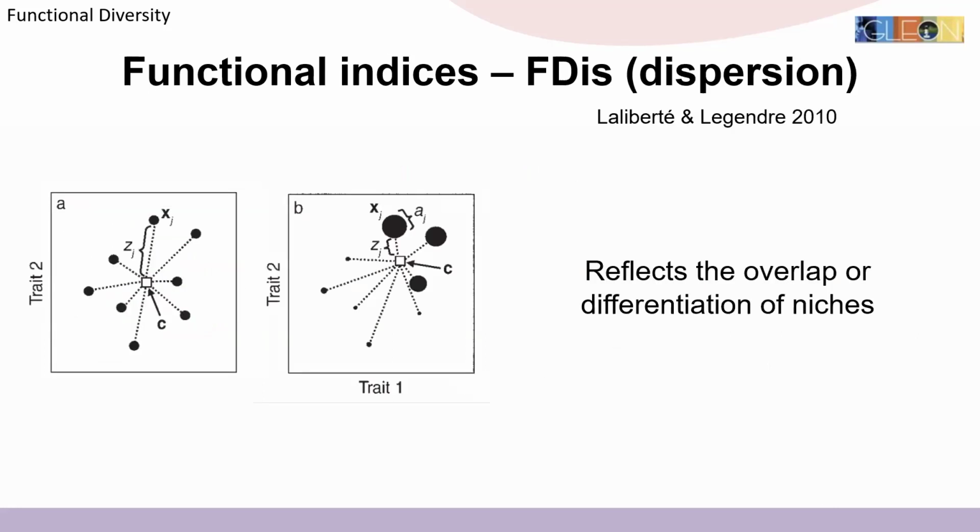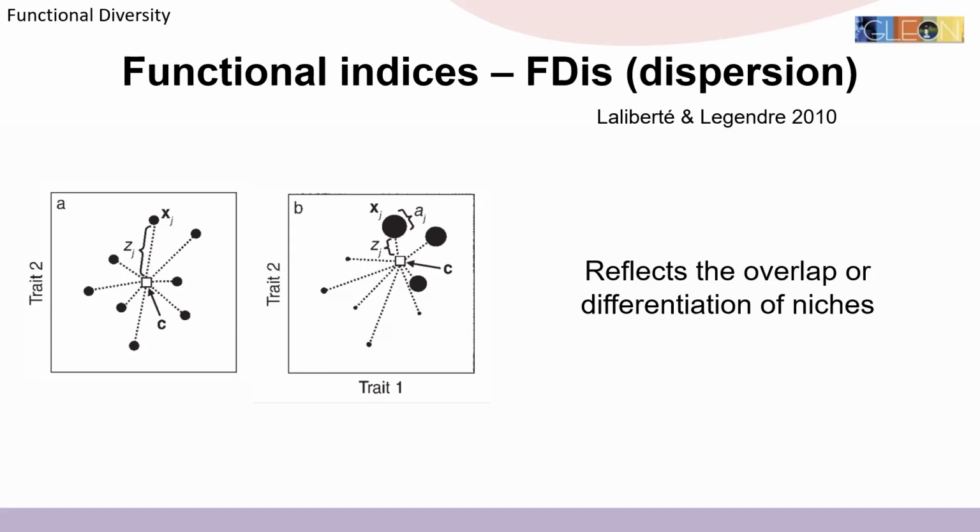The other one is the functional dispersion. Functional dispersion is calculated as a distance to the centroid. It's a modified measurement from the papers of Anderson, from PERMDISP. So functional dispersion is the mean distance of individual species to the centroid of all species in the community.